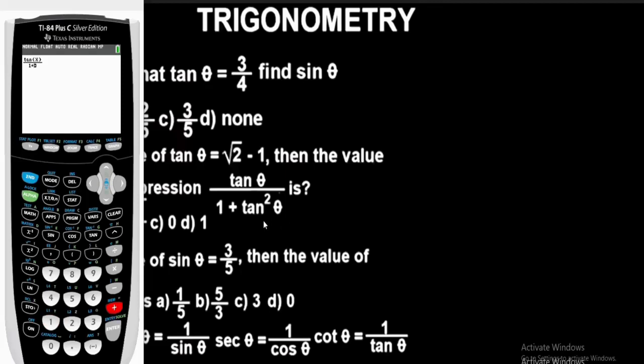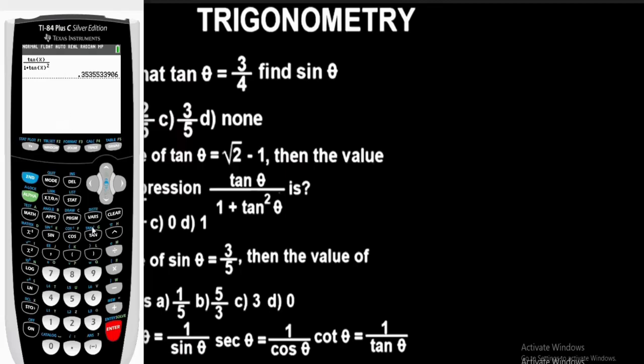Tan square theta means tan theta times tan theta. Another way you can do it on a calculator is to represent it with tan x square. Remember that x is representing theta. So it will be tan x square. This is okay. Let's press enter now to see the output. We have it to be 0.35.